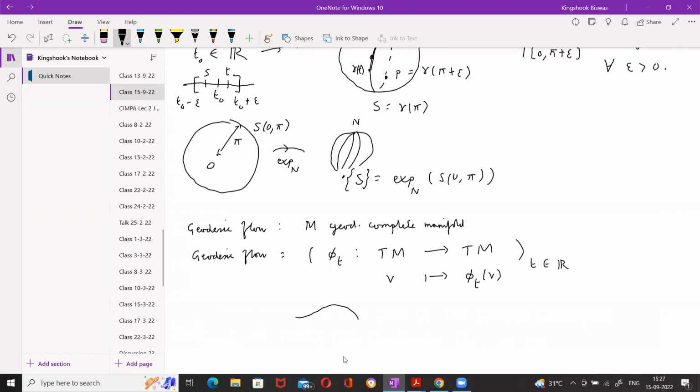Well, if this is your manifold, then given an initial tangent vector V, there exists a unique geodesic with this initial tangent vector. Then you move along that geodesic for time t.